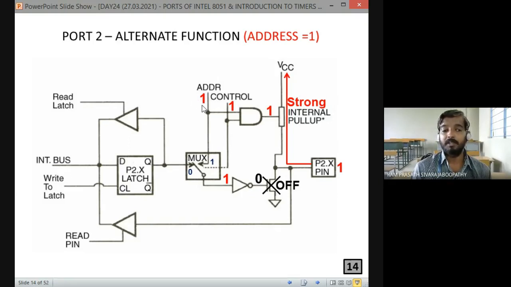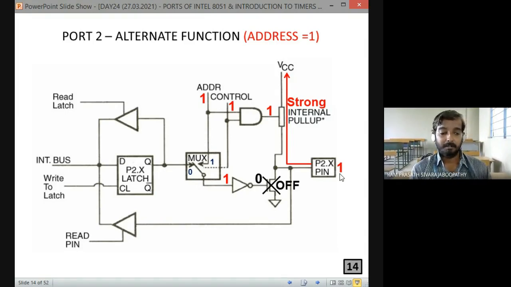We know we don't have any latch for the upper 8 bits of the address. Correct? Generally, the 8085 microprocessor uses a driver. Fine. But here, by default, when we are writing the address logic as 1, the pin must be strongly pulled up so that the logic 1 remains a part of the address.